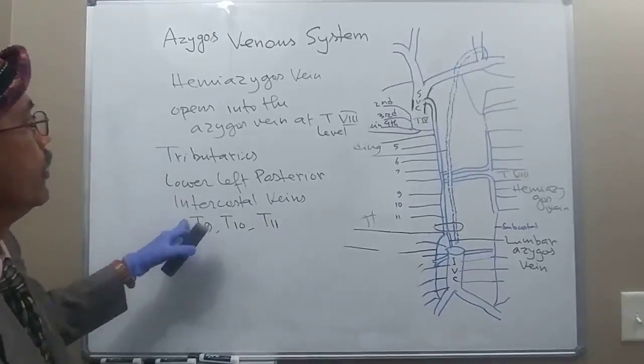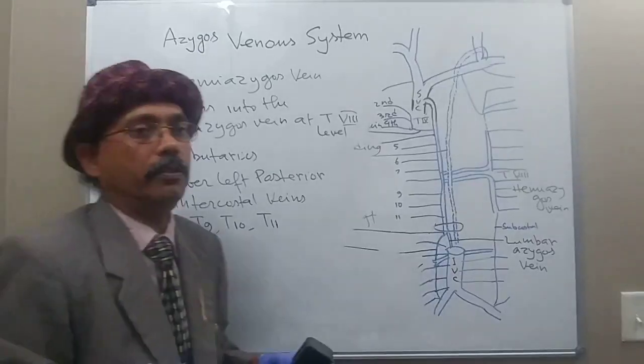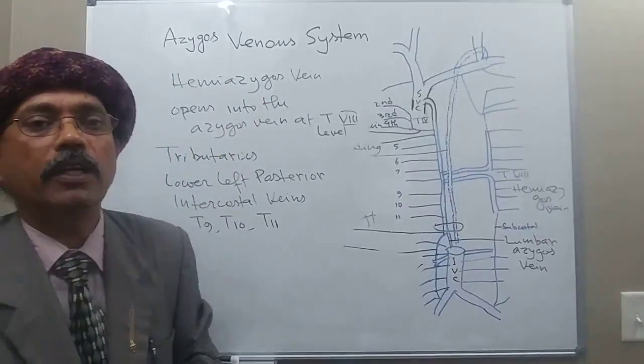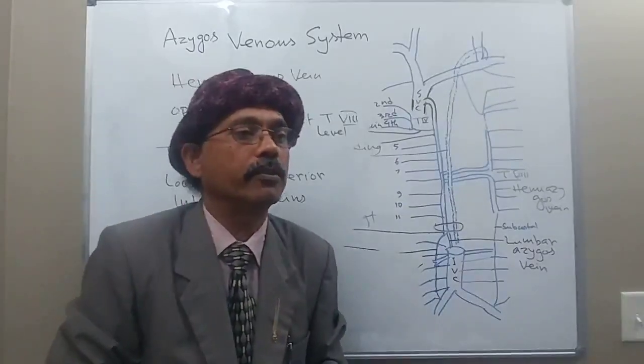These are the tributaries of the hemiazygos vein, the 9th to 11th posterior intercostal veins.